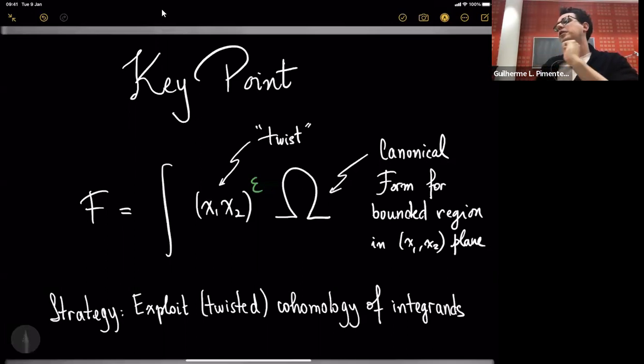There's a whole technology that people use in the context of amplitudes to study loop amplitudes that turns out to be extremely useful to understand this cosmological correlator.